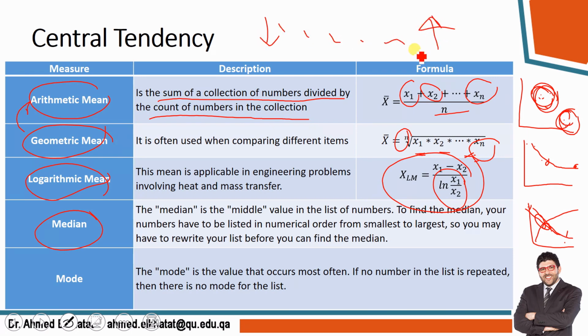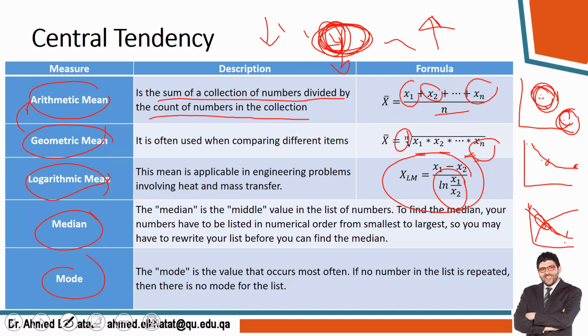So the data in the middle, the value in the middle, is your median. That is if you have an odd number of values, but if you have an even number, then take the two values in the middle and find their average.